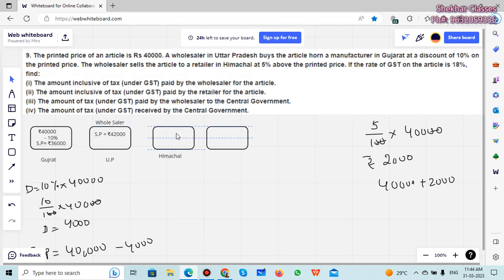This is the manufacturer. And who is this guy? This is the retailer here, in Himachal. The wholesaler sells that to Himachal, and it must be the retailer. Let's first find out the wholesaler. This is the manufacturer, so I can just put manufacturer here.